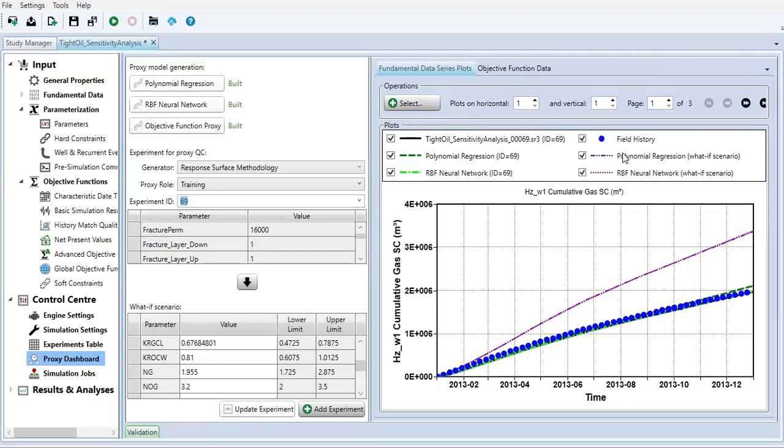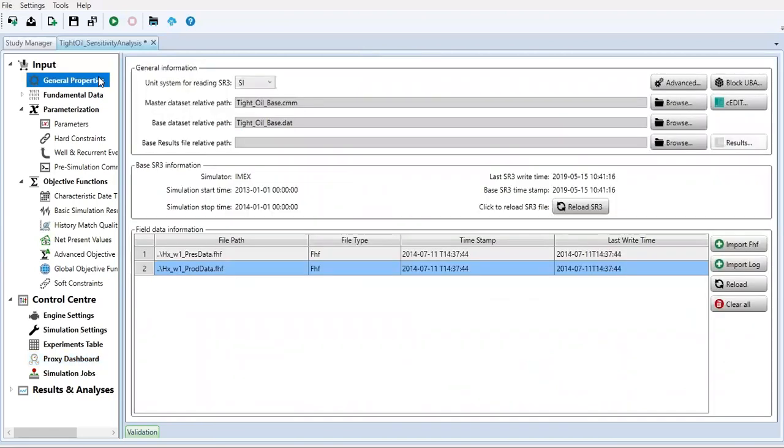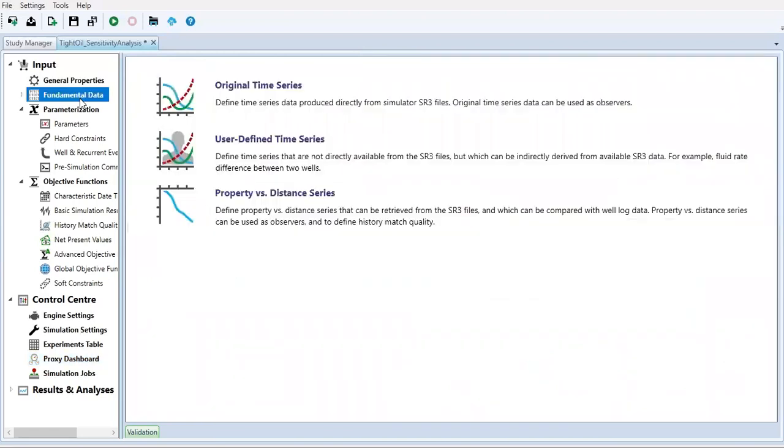By the way, we have completed our sensitivity analysis using CMOS. So if you follow me from the beginning, you right now maybe already understand the power of this software, right? It helps us to do sensitivity analysis. It helps us to do the data analysis and to compare it with the simulation.